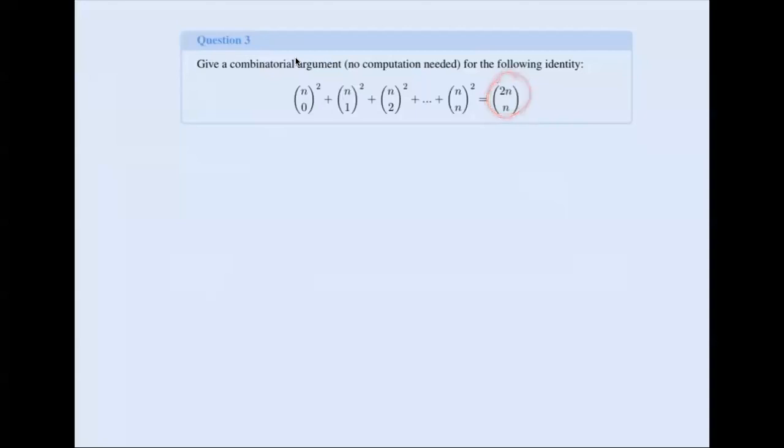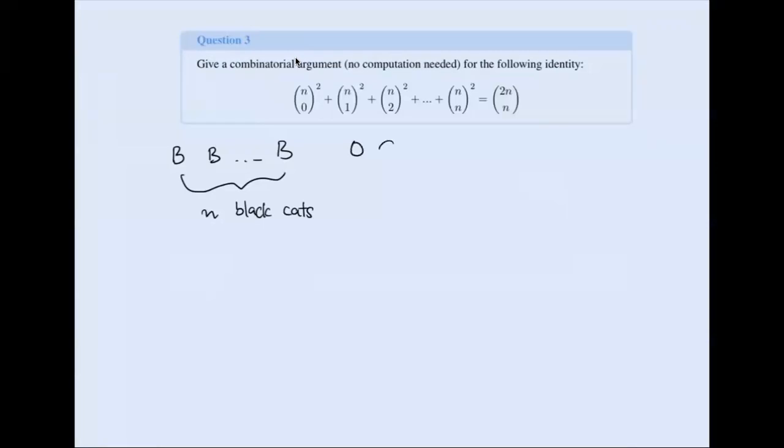What is it counting? It's saying that I have 2n elements and I want to form a group of n out of those 2n elements. So let's say I have n black cats. Okay. I have n black cats here. And of course, all the cats are distinct.